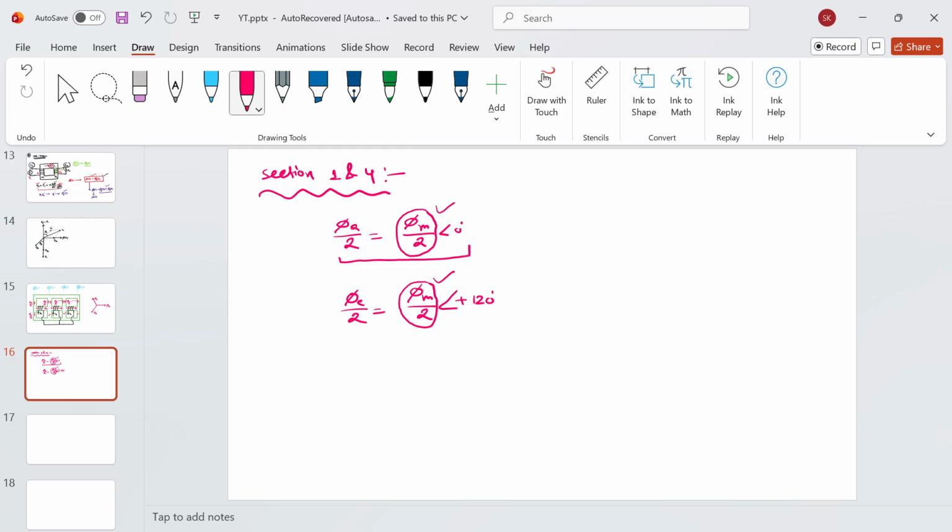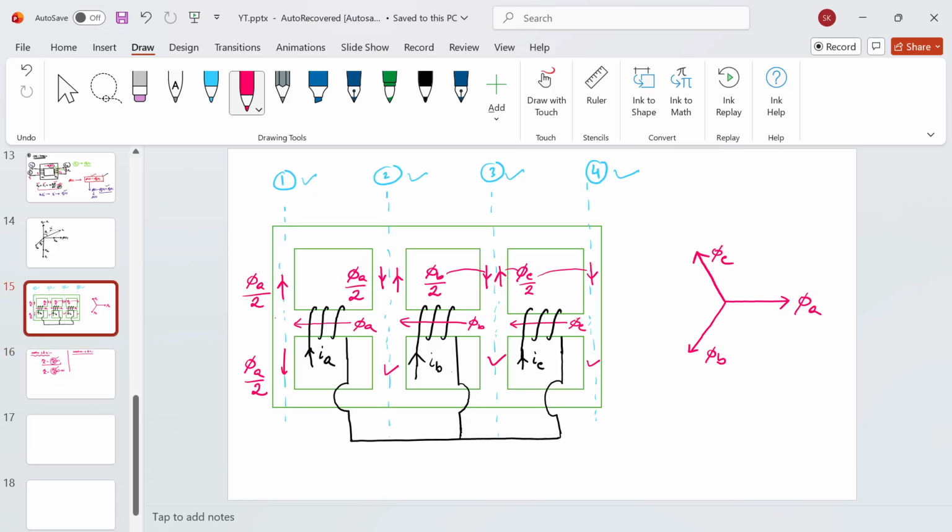But now analysis needs to be done in section 2 and section 3. In both cases, you can see one flux is flowing downward and another flux is flowing upward.